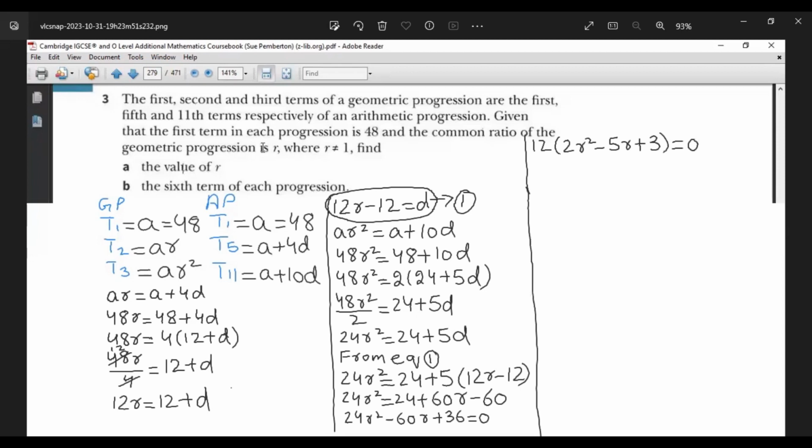Okay, so 12 times this expression equals 0. When I shift it to the other side, it gets divided: 0 upon 12 will be 0. So we will be having 2R square minus 5R plus 3 equals to 0. Okay.